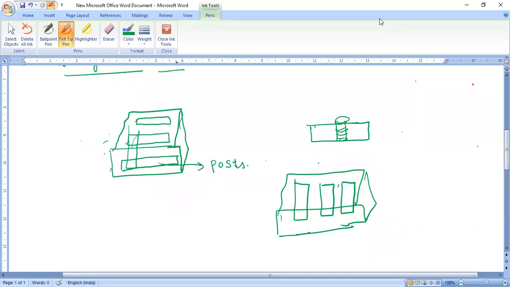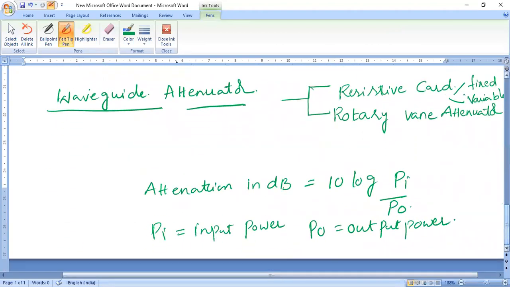So we will see what is a resistive card attenuator and rotary vane attenuator, and how they give attenuation. Till now what you should understand is, when you are placing something inside the waveguide, a conductive sheet, a conductive screw, something like that, its susceptance varies.